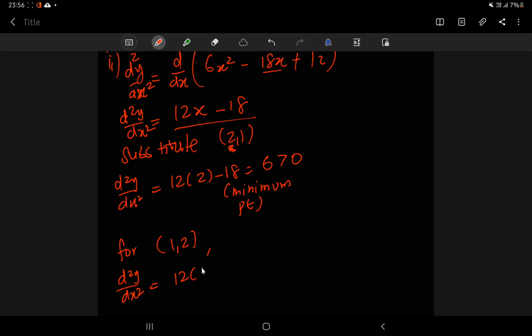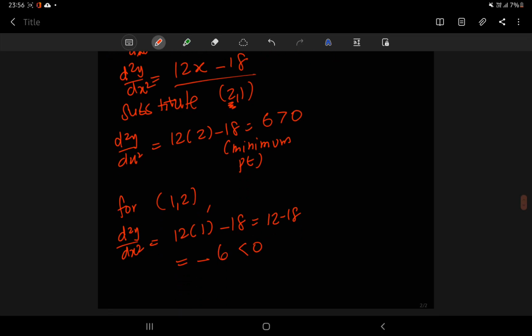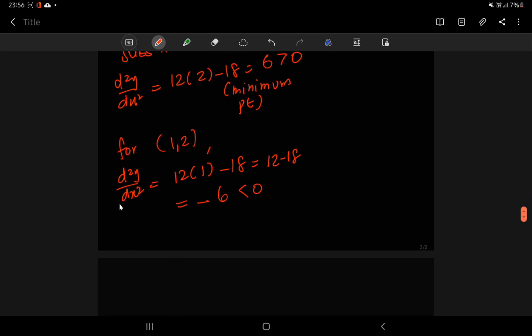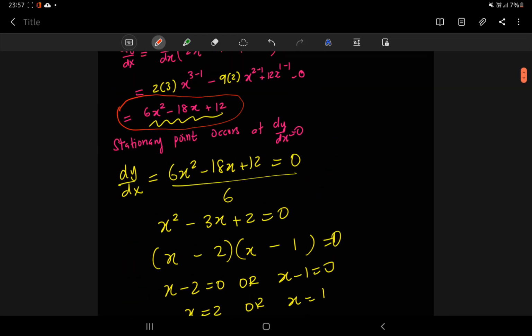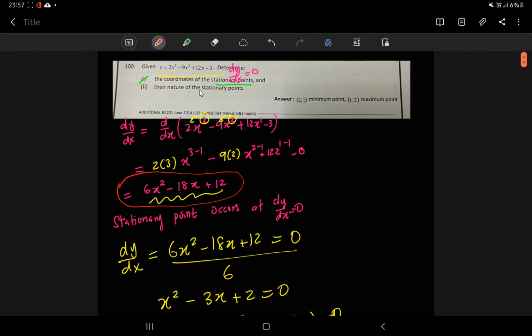So 12 times 1 minus 18 is 12 minus 18, which is minus 6. So minus 6 is less than 0, so by definition, if the second derivative of the function is less than 0, it is a maximum point.